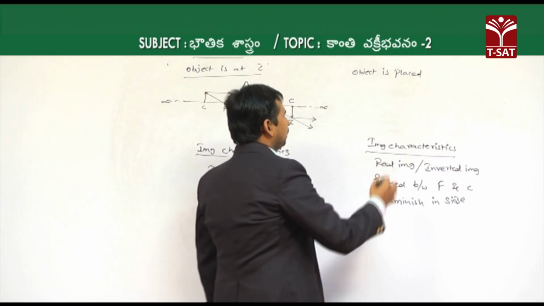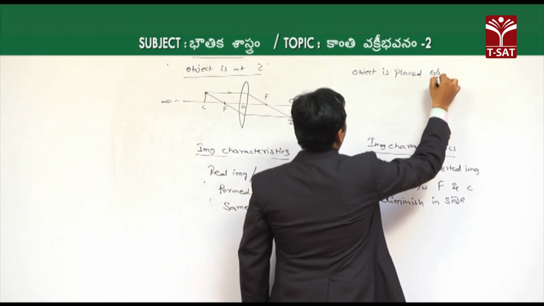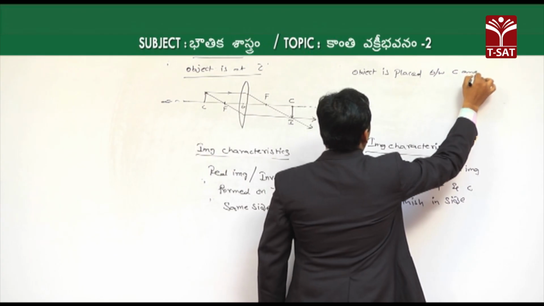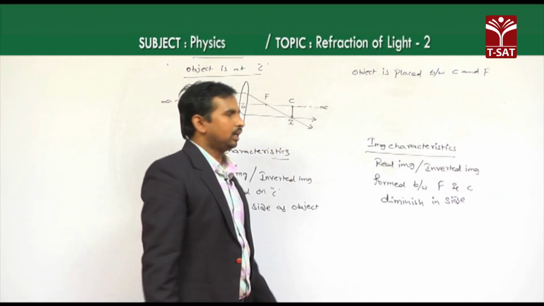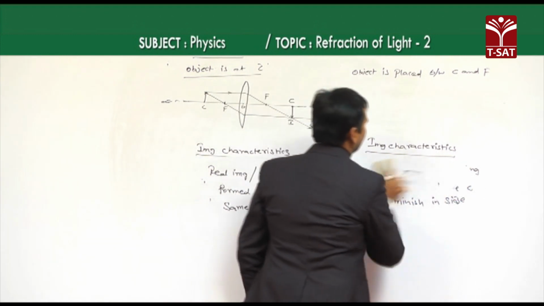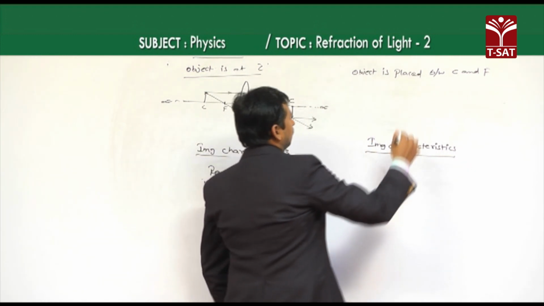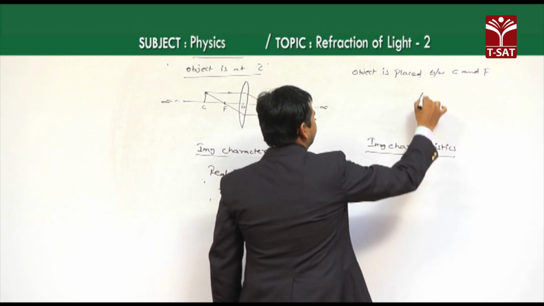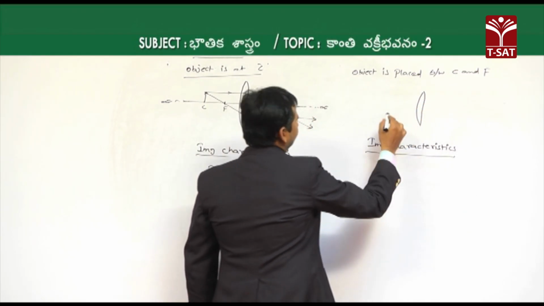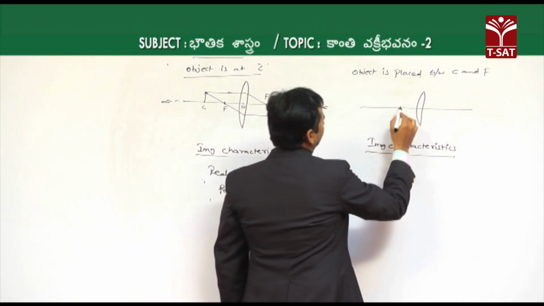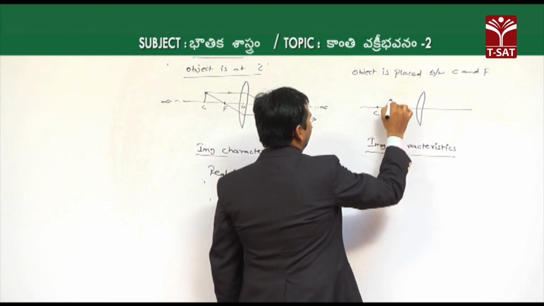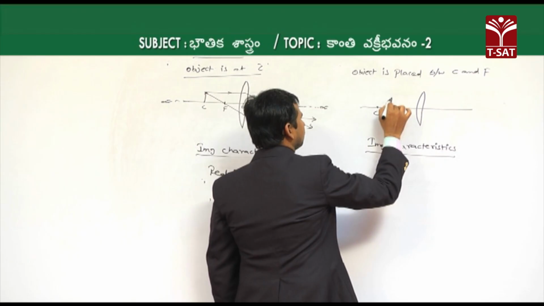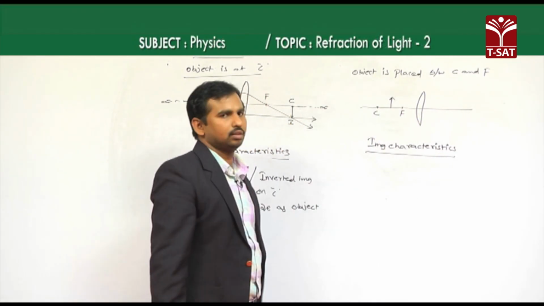between C and F, that is, okay. Now again if you see the object here, as it is coming a bit closer, let us suppose this is F and here we have C, and the object is taken now between C and F, like this, okay.